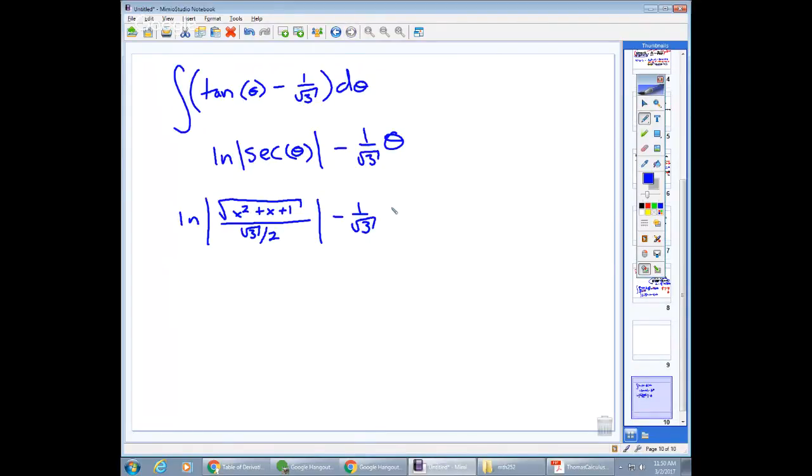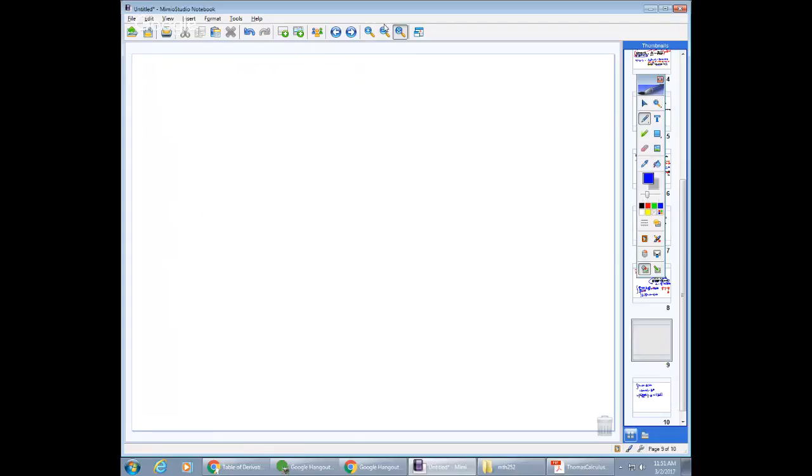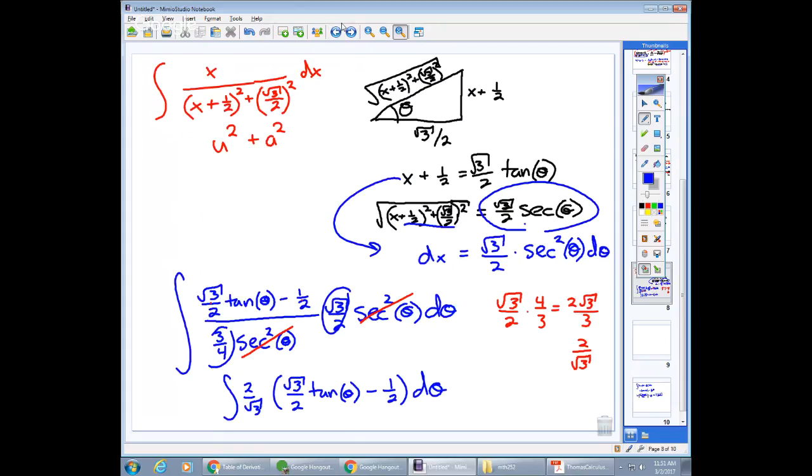Theta is equal to the inverse tangent of x plus 1/2 divided by the square root of 3 over 2. And again, double check with my triangle. Right there. Tangent is opposite over adjacent, right? So I want the inverse tangent of that.